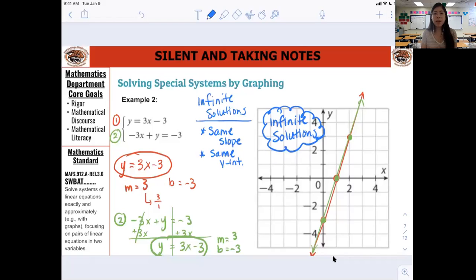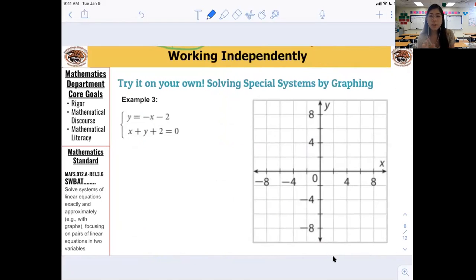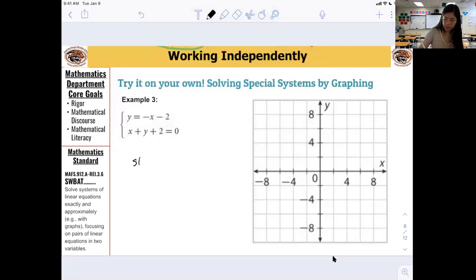All right, I want you guys to try one last one by yourselves. This one's a little bit different, so always think to yourself, if I need to get y by itself, who needs to move over? Okay, try it on your own. Figure out the slope. Figure out the y-intercept. And then see if it's going to be the same, or if it's going to be infinite solutions or no solutions.